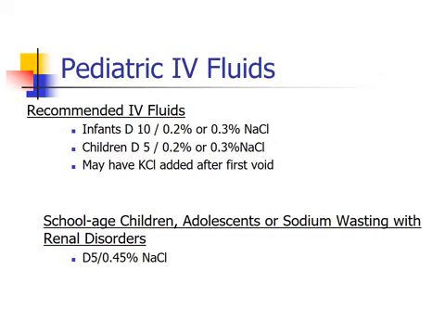D5 0.9, and that's fine. And even D5 0.45 is an appropriate solution for school-age children, adolescents, or any renal patients who are sodium wasters and might need more sodium in the IV fluid. So the couple of things I want you to remember: generally, you won't see just a 0.9 hanging or a lactated Ringer's hanging.